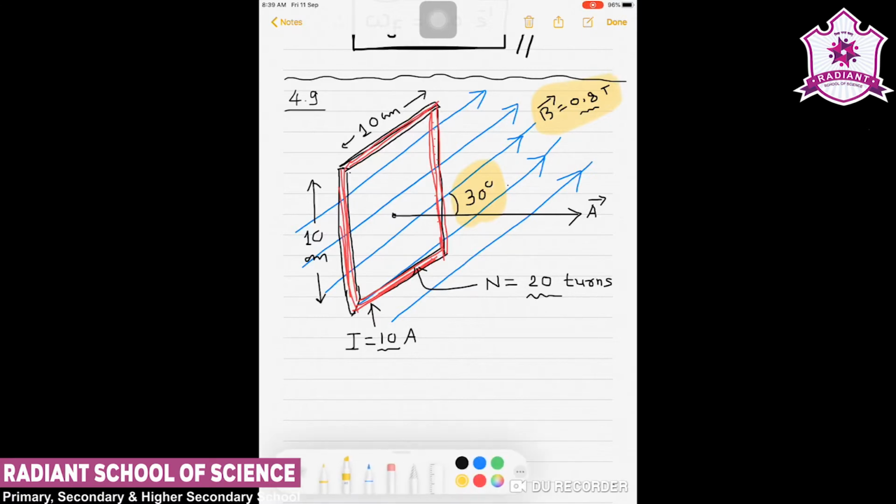Here we need the equation of torque that we already have, that is N I A B sine theta.